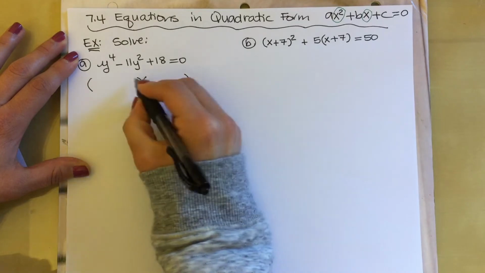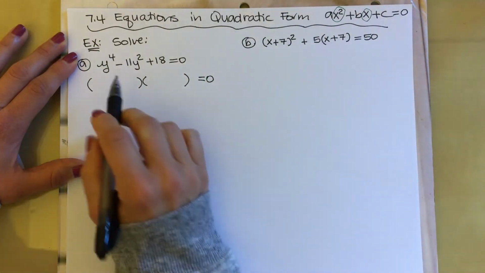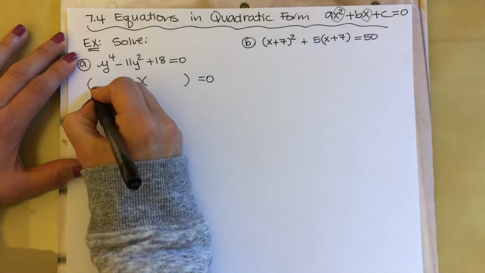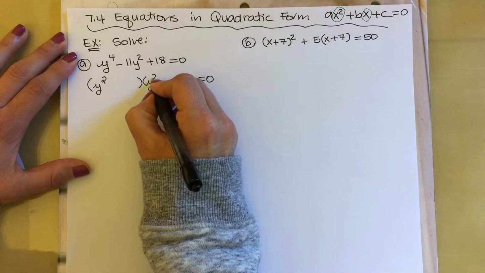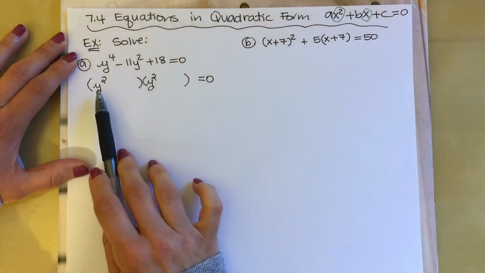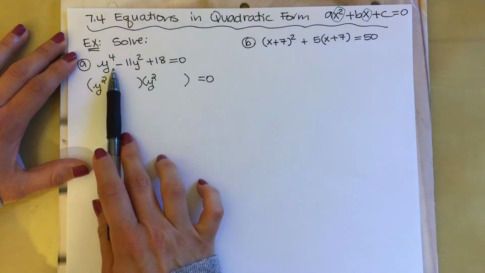So this is just a regular trinomial. It's quadratic in form because y to the fourth, you can just write this as y squared times y squared, because when you multiply these two, you add your exponents and we get back to 4.